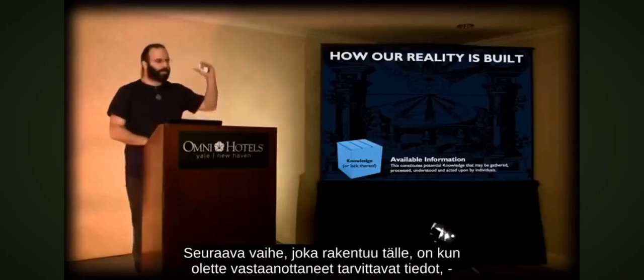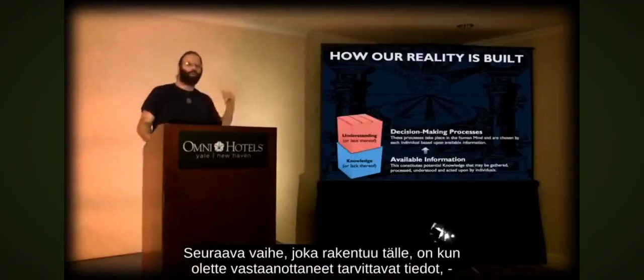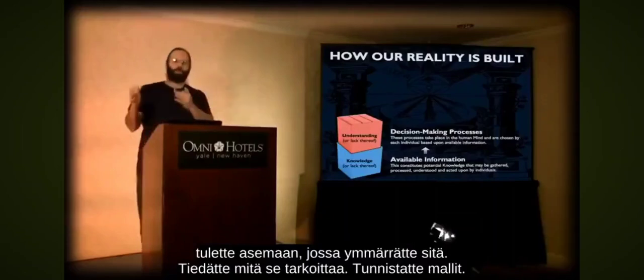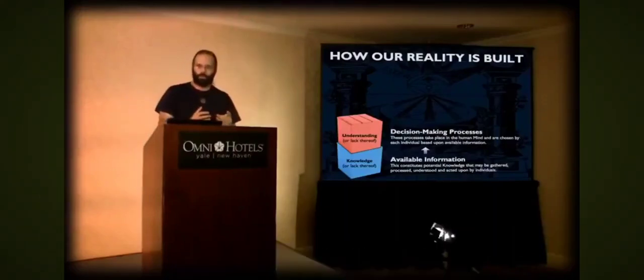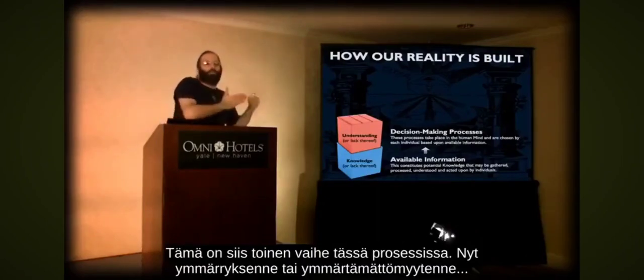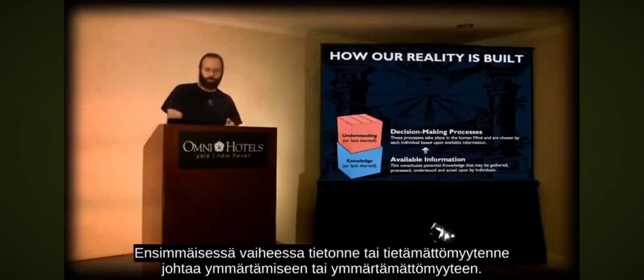Okay? Now the next step that's built upon this is once you've taken information in, necessary information, you then come to a position of understanding it. You know what it means, you recognize the patterns. All right? So this is the second step in this process. Now, in the first stage, your knowledge or lack of knowledge is going to lead to understanding or lack of understanding.